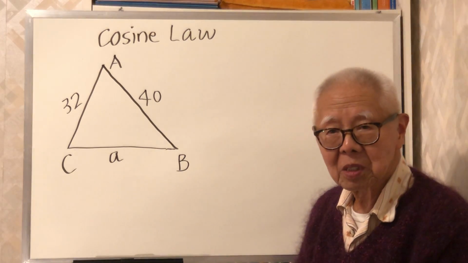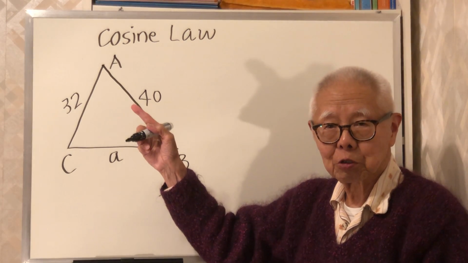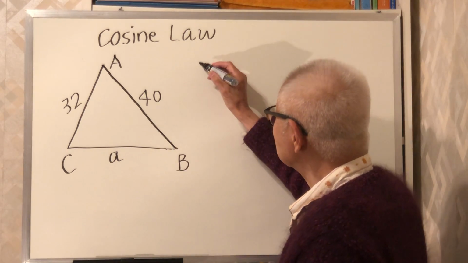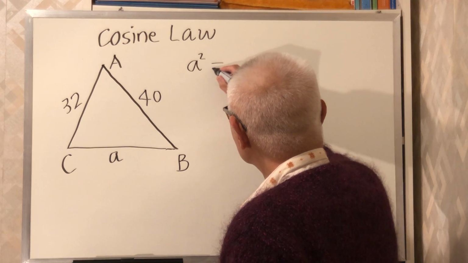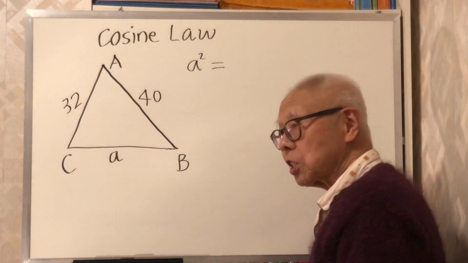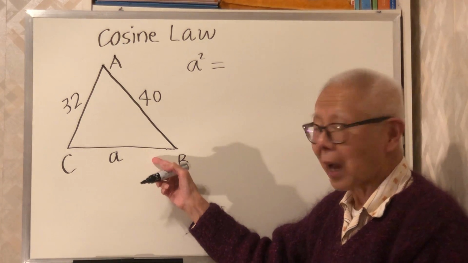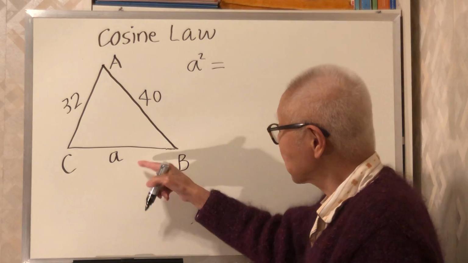Cosine law starts with the side opposite to the given angle. So it is A. I just write down the cosine law applied to this particular example.